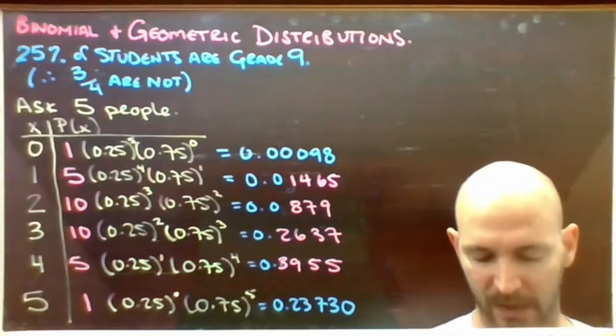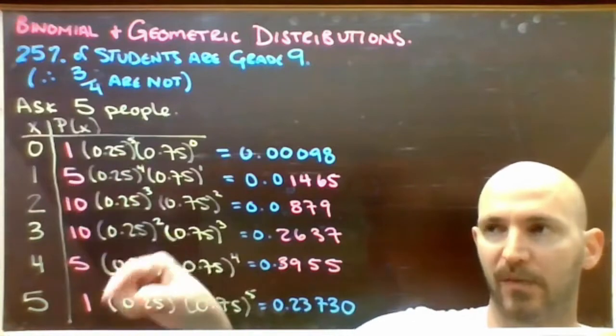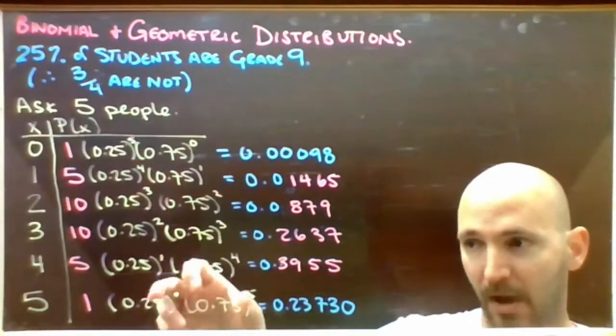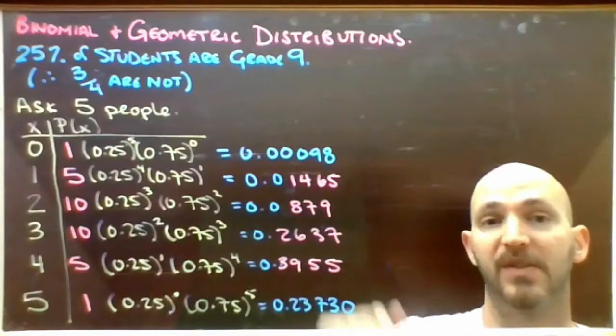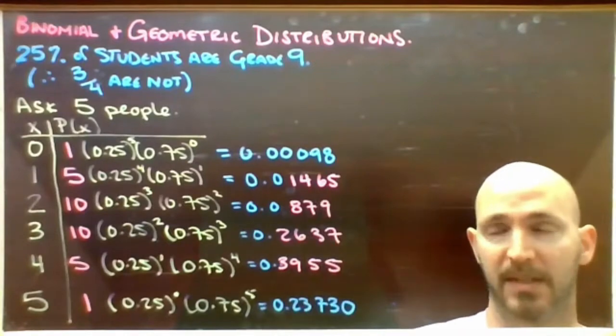Almost right on the nose. There's a bit of a rounding error, but it's pretty close. So I need these numbers in front in order to adjust these probabilities up for all of the sortings of how those people appear. So here's my distribution table.